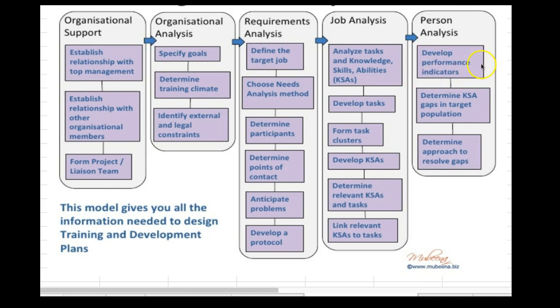Once we've actually developed our performance indicators, we can then understand what we want and the gap between what we want and what we have. And then from there is where your training development plan begins to emerge, because then you're designing the training development plan around resolving these training gaps.